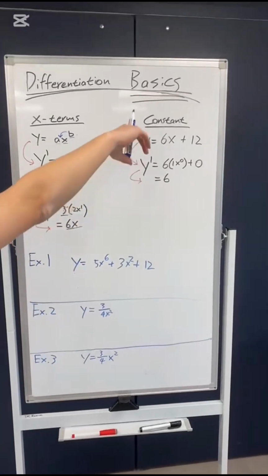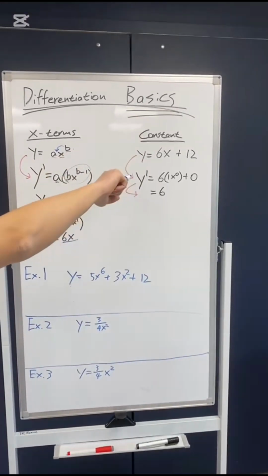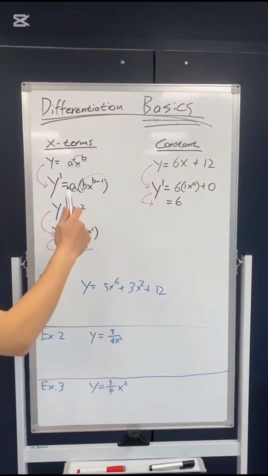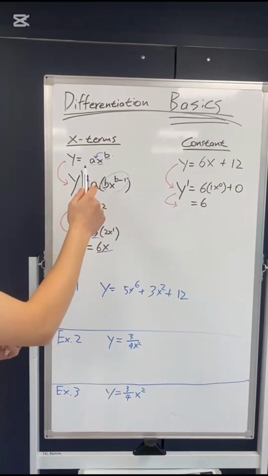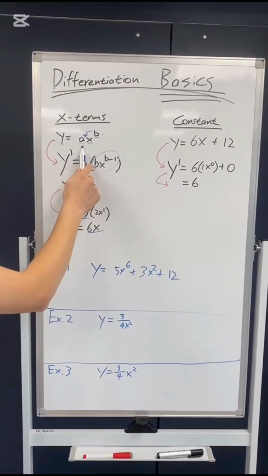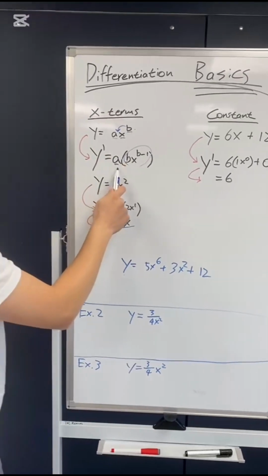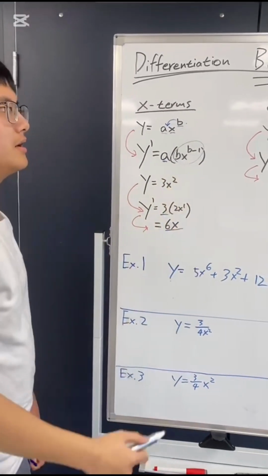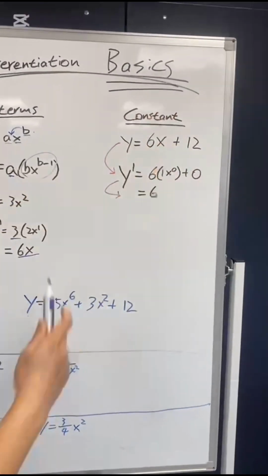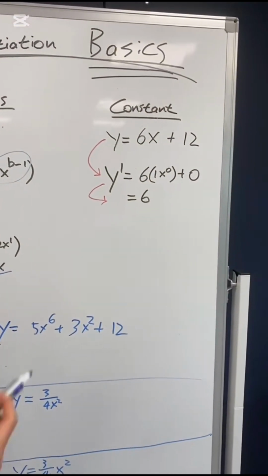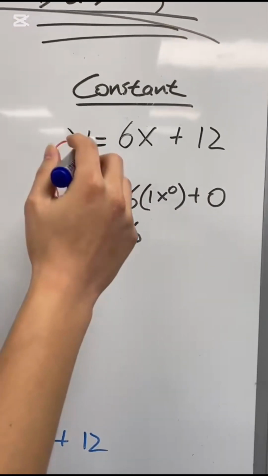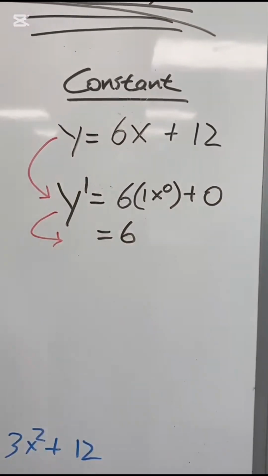And now as for how the constants are differentiated, as I've talked about before, a constant alongside an x term, you just leave it outside of whatever is happening. But a constant on its own has a different set of rules. Here we can see for the original equation, y is equal to 6x plus 12.